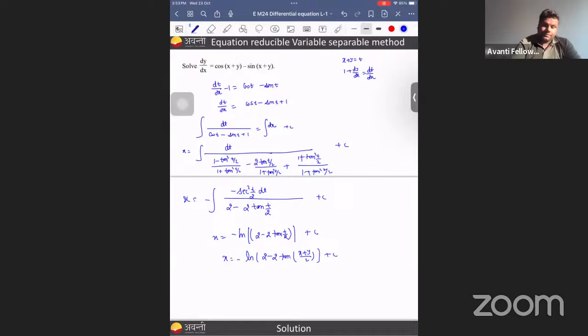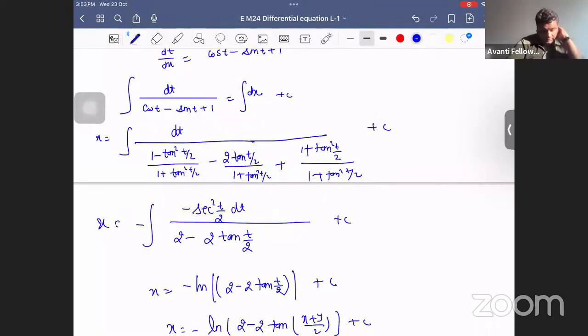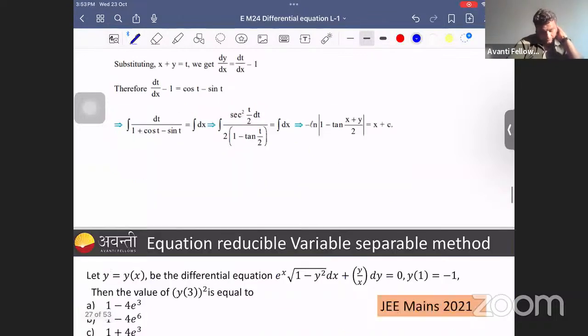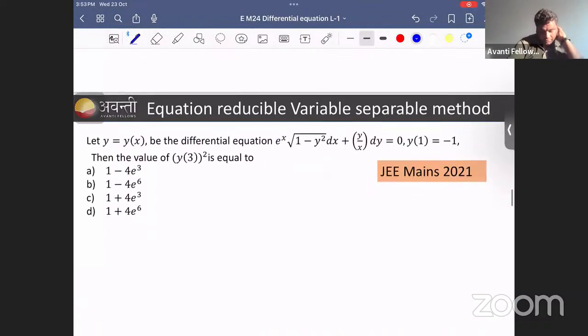Got it? Now, let y equals y of x be the differential equation e to the power x under root 1 minus y square dx plus y by x dy equal to 0, where y(1) is minus 1. Find the value of y(3) whole square. Okay, you guys try it on your own. Then we will run a poll and see how many of you could do it quickly.